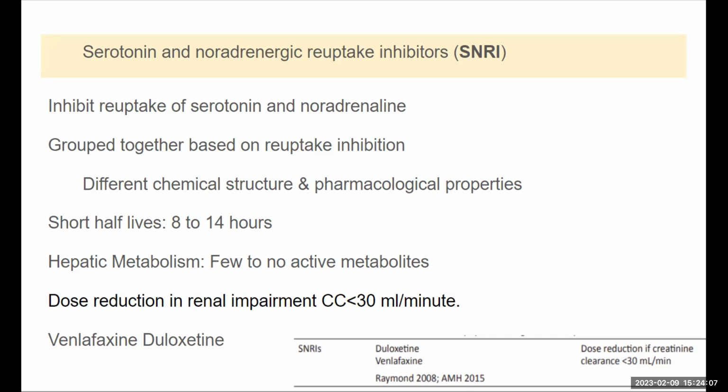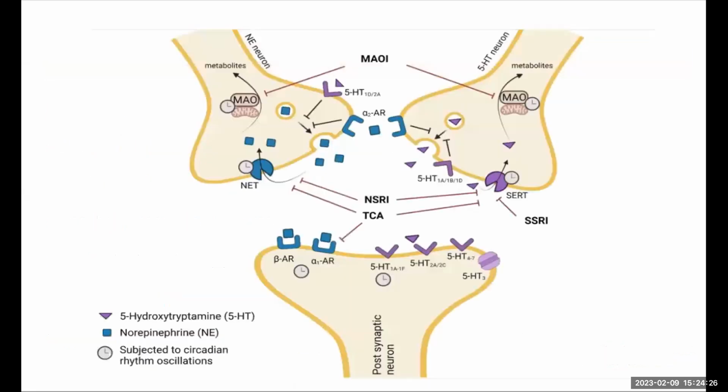They have different chemical structures, but they are grouped together because of the mechanism they produce for antidepressant effect. They have short half-lives and no active metabolism in the liver. However, dose reduction would be required for renally impaired patients.